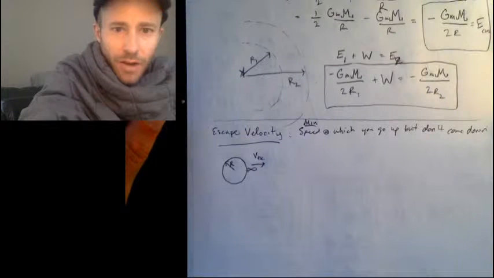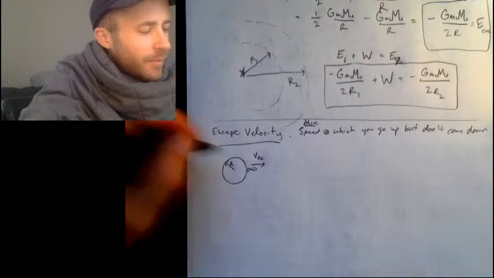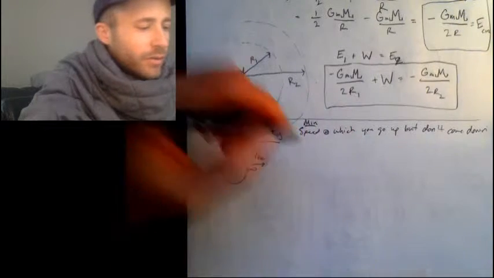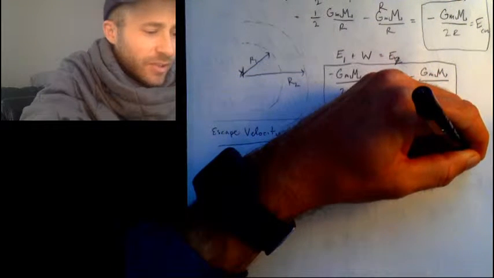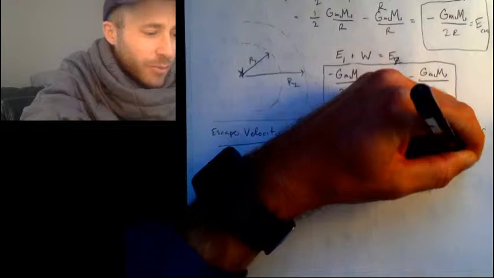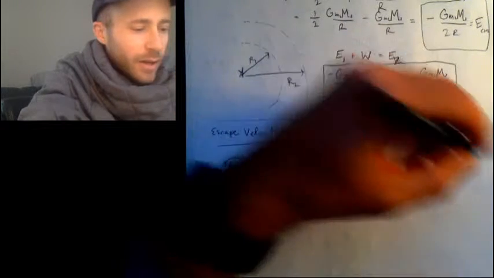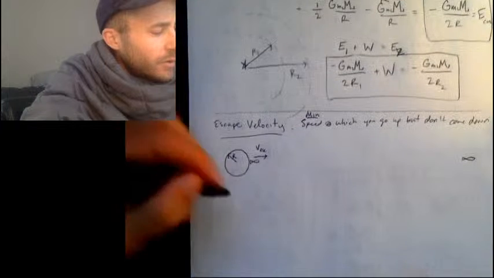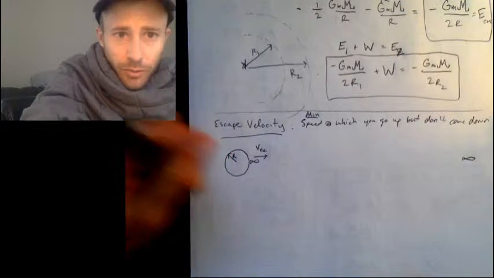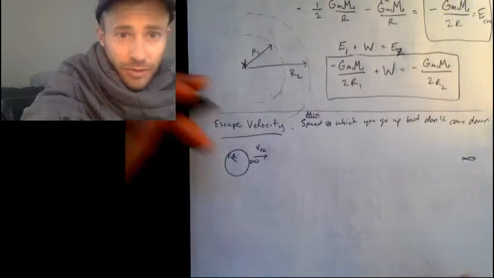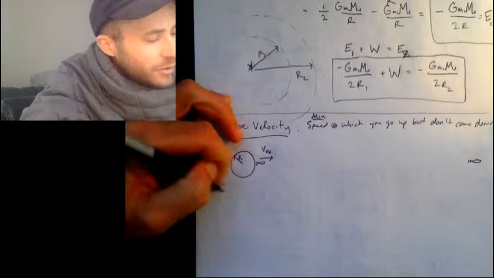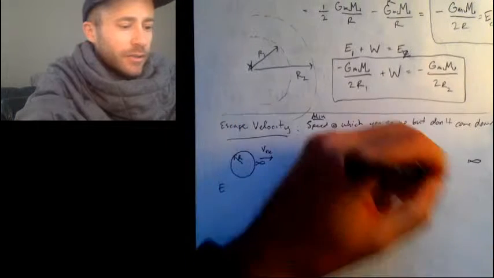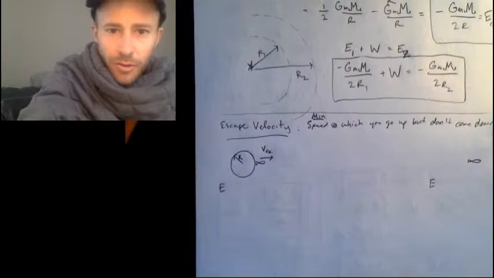It's the escape velocity. And it goes all the way over here and it escapes. It never comes back. It gets really far away. So what we want to do is use conservation of energy. The energy right here has to be equal to the energy over here.